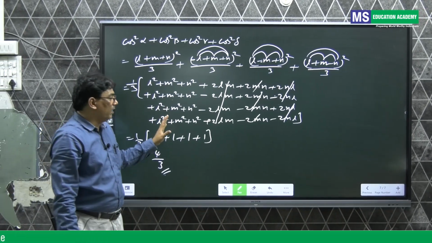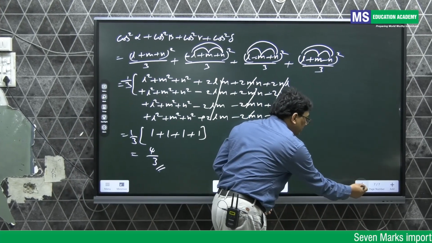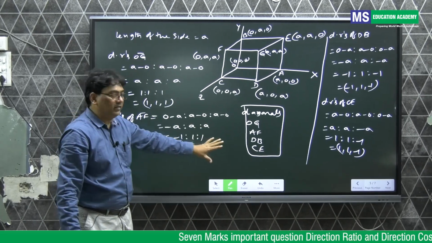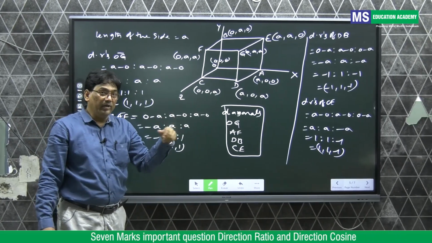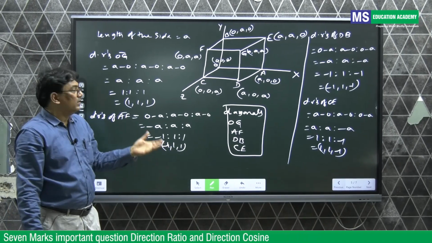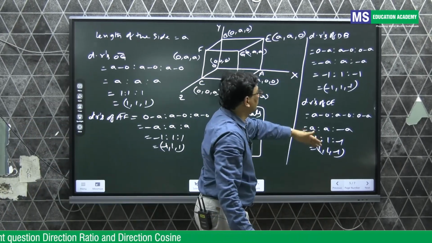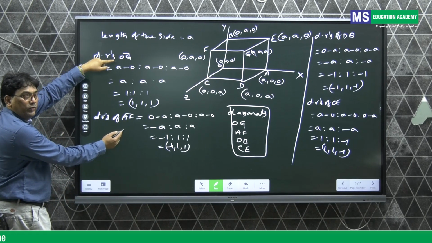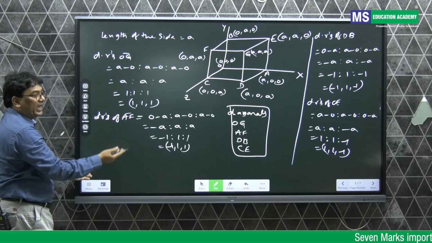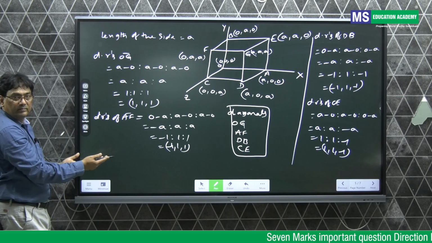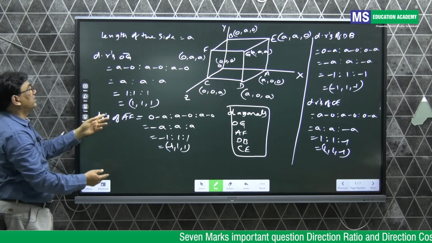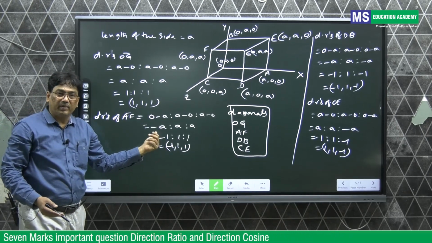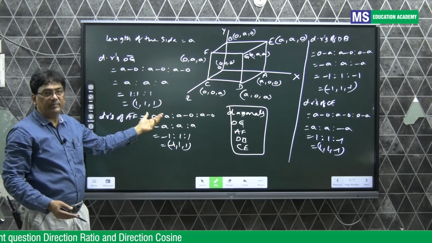When you practice this problem, for the second problem here we are writing 4 diagonals. Whenever you need the angle between 2 diagonals, we need not calculate all of them. We can use the 2 diagonals OG and AF, and apply the angle between the diagonals formula: cos theta equals A1 A2 plus B1 B2 plus C1 C2 by root of A1 square plus B1 square plus C1 square, root of A2 square plus B2 square plus C2 square.